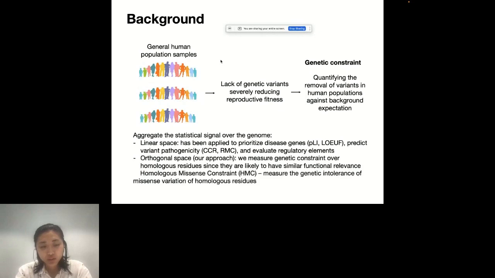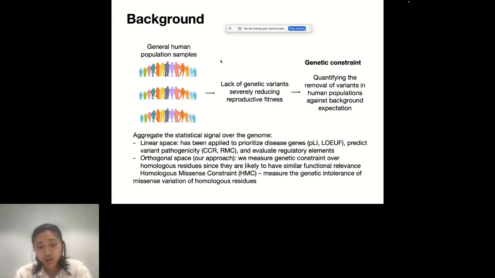In our work, we take a different angle and want to measure the genetic constraint in the orthogonal space. For protein coding genes, this means we measure the genetic constraint over homologous residues. And we think we can aggregate the signal together since they are likely to have similar functional relevance.